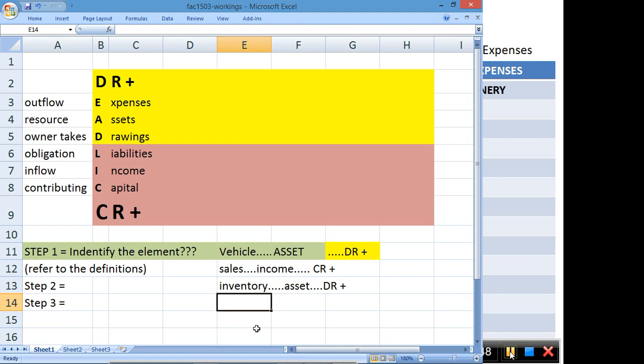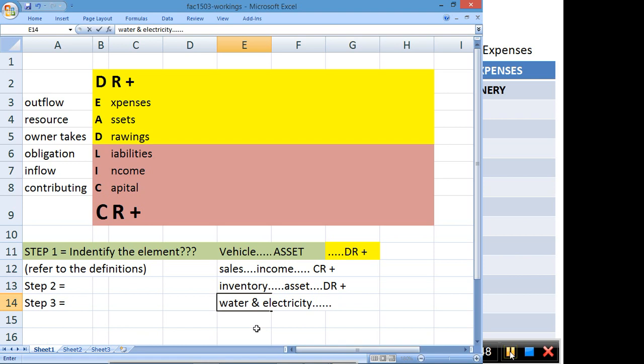Okay, here's another one. Water and electricity. That's an account. What is it? Is it a liability? Any other options? Any other answers? You're going with expense. Okay, so we've got 2 options in the class. We've got liability.